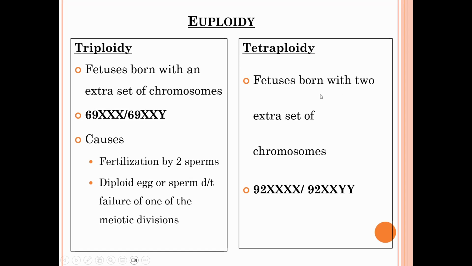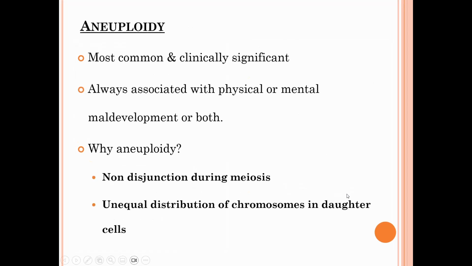Tetraploidy means, as I told you already, it is 4n. Okay, so fetus born with the two extra set of chromosome, it can be 92XXXX or 92XXYY. Okay, now aneuploidy. Aneuploidy is most common and clinically significant, always associated with physical and mental maldevelopment, or it can include both also.